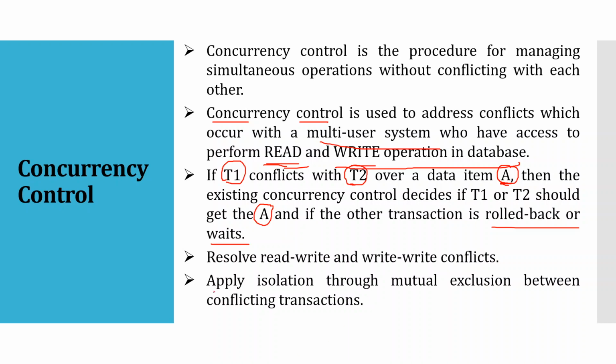So this is what applying isolation through mutual exclusion between conflicting transactions means. Next, concurrency control helps us to ensure a serialized schedule, or serializability, right? So it is ensuring that all our transactions, all our schedules are in a proper sequence, or in proper serial order. So this is what it will ensure.